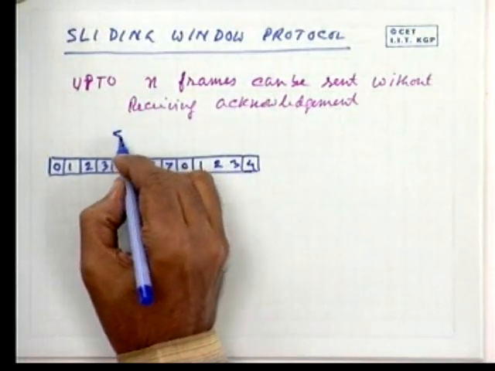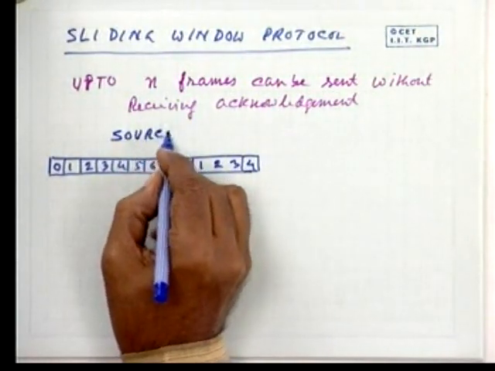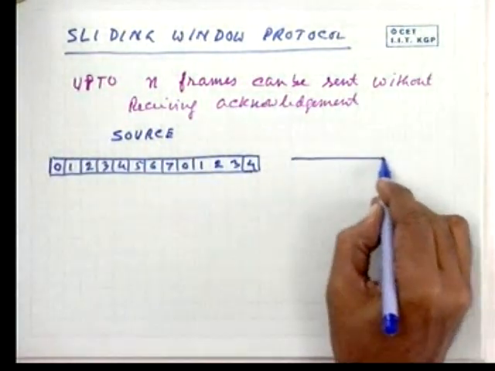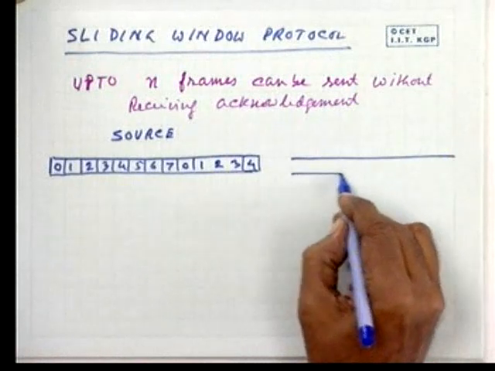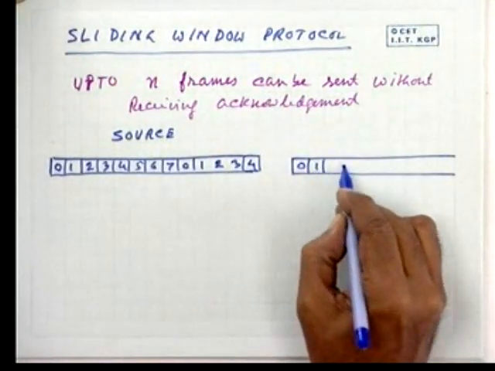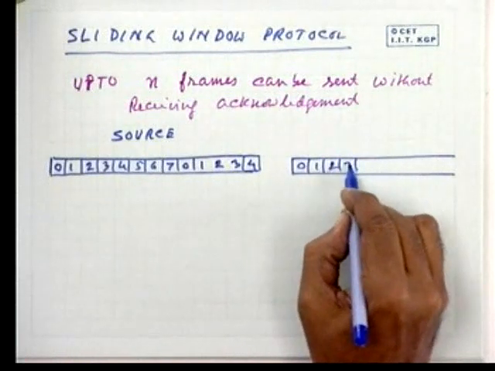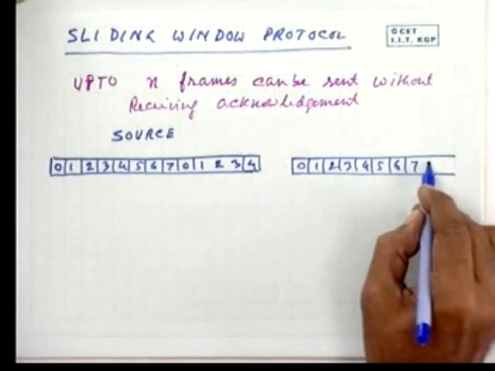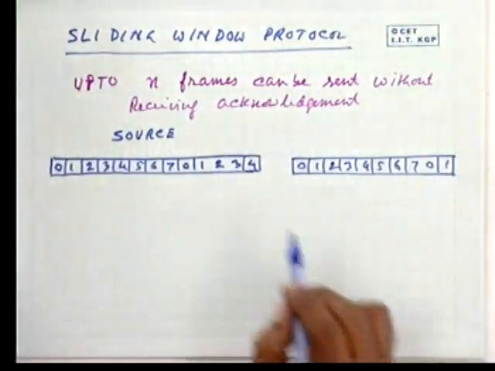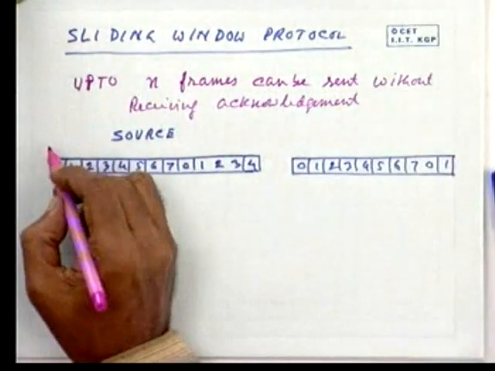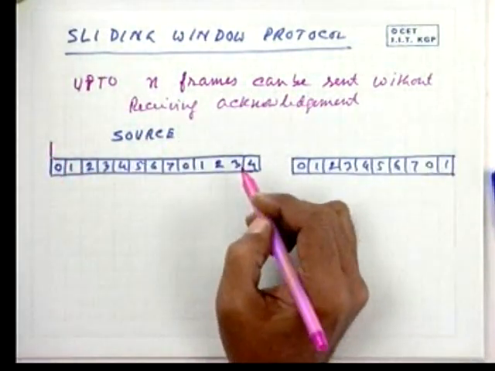This is the source, and the destination is prepared to receive frames starting with 0, 1, 2, 3, 4, 5, 6, 7, 0, 1 and so on. Now initially both sides set a window.